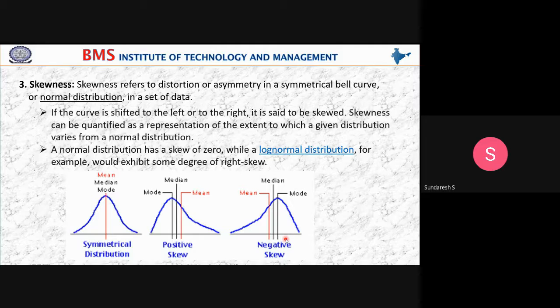Why does this skewness parameter need to be discussed? Because this is where you analyze the tolerances. Setting a tolerance for a given component, for a given dimension, is one of the challenging tasks for a design engineer. Why? Because too large or too small tolerances will definitely affect manufacturing. The component may get rejected in the machine shop, or during the assembly also it may get rejected.